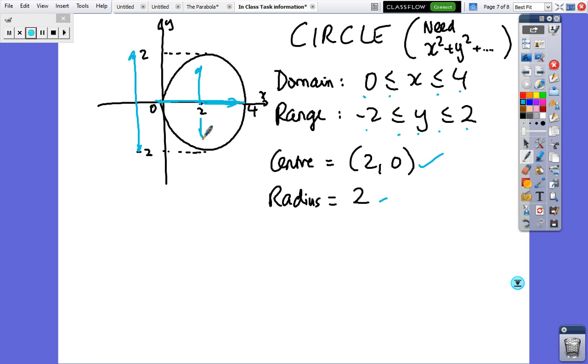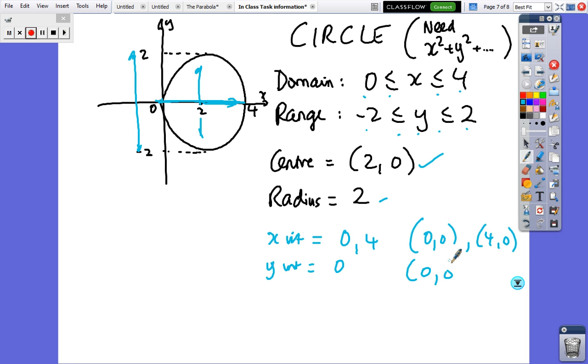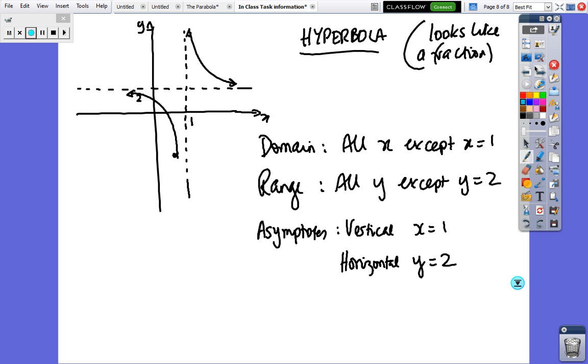In this particular case, the x-intercepts will be 0 and 4, and you could write that as the coordinates (0, 0), (4, 0). The y-intercept, there's only one y-intercept at 0, which would be just (0, 0). Okay. And looking at the next one, which is the hyperbola.